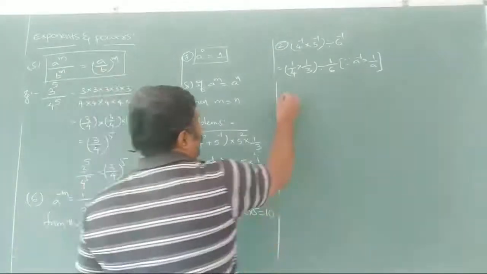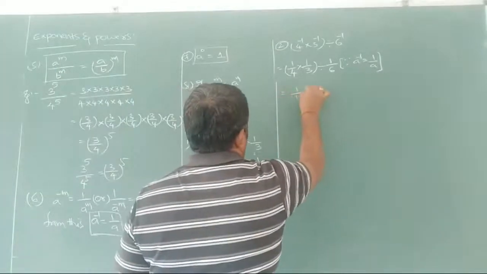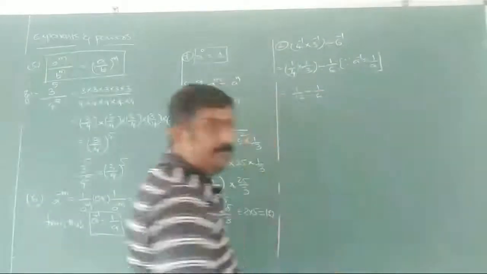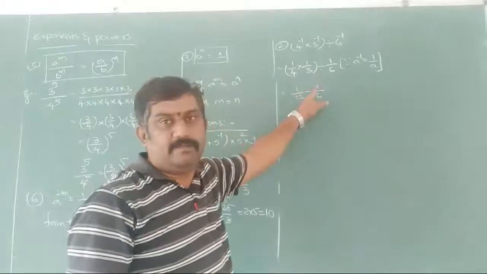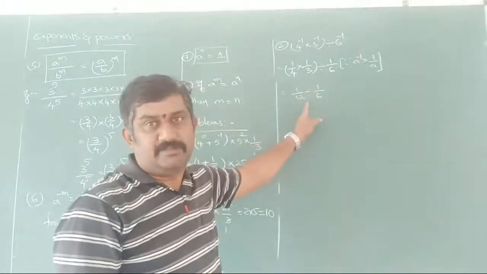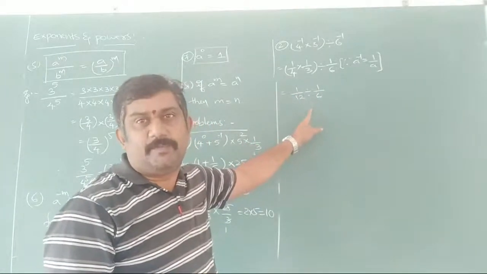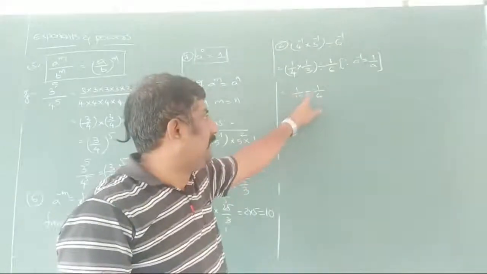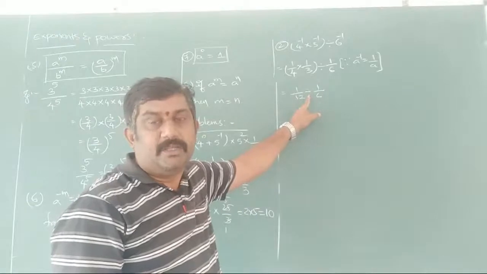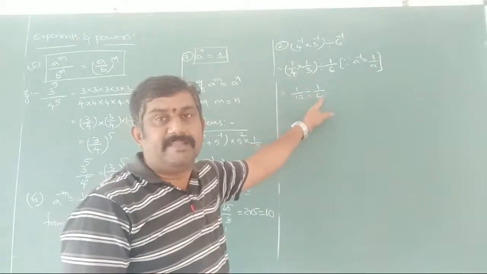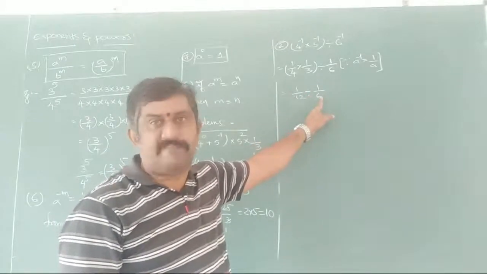How much is it going to be? 1 by 12 divided by 1 by 6. Observe here, 1 by 12 divided by 1 by 6. Division of fractions: already in the fractions chapter we discussed, whenever we take fraction division, the division turns into the reverse operation, that is multiplication, and the second fraction becomes its reciprocal.